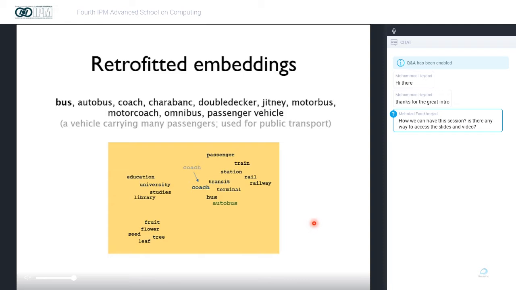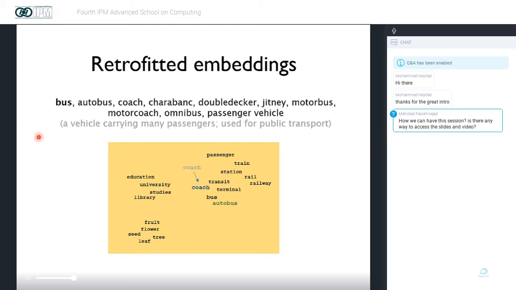One subfield is retrofitting of embeddings. The basic idea here is that word embeddings are usually learned in an unsupervised manner, by just looking at text like the Wikipedia text. But we have a lot of lexical resources that are created by experts, by linguists, like dictionaries. How can we benefit from these dictionaries in order to improve unsupervised word embeddings?